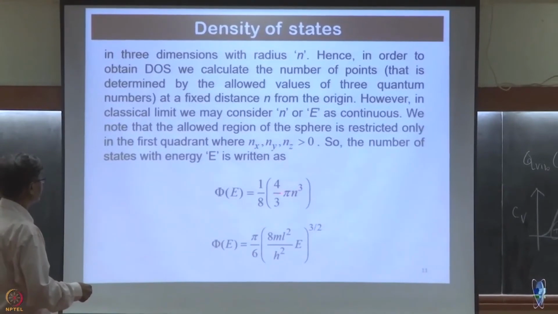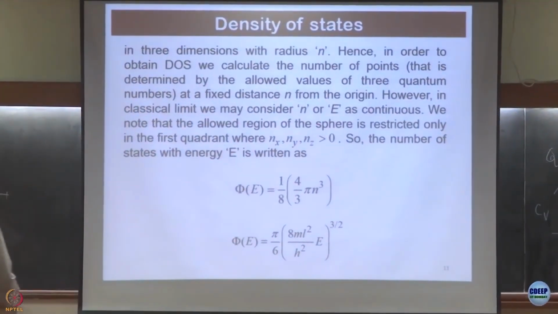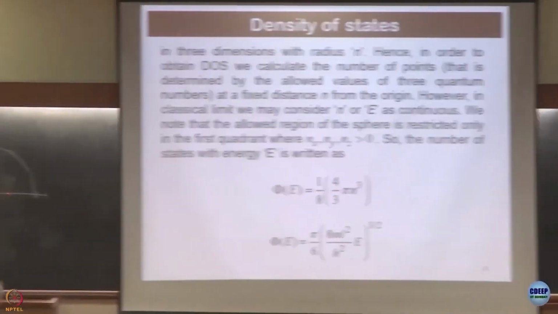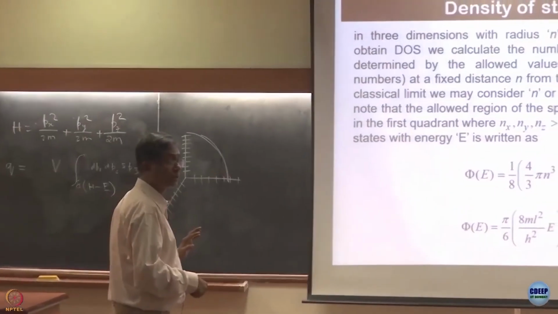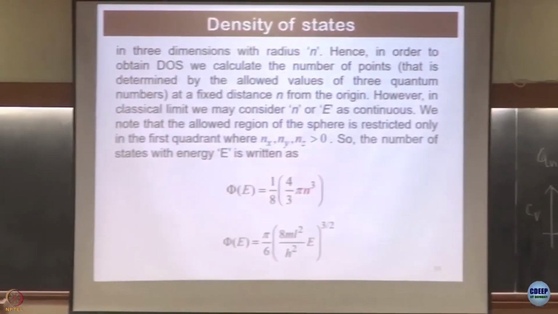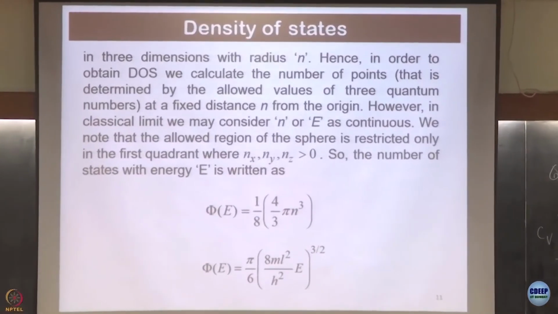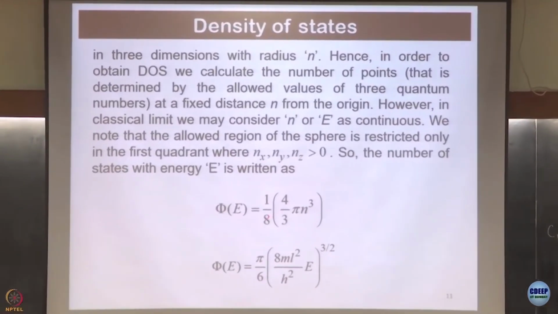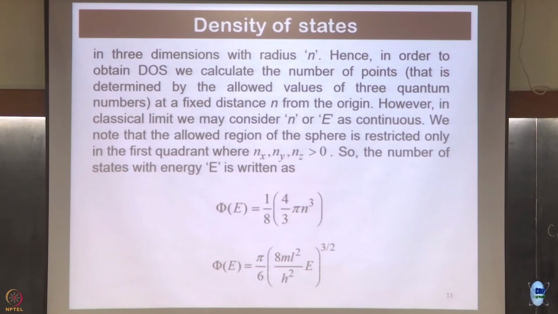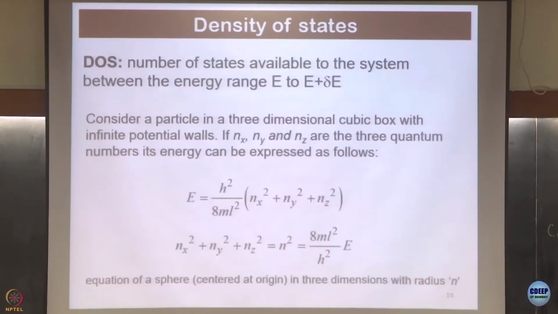The total number of points in the radius n is nx square plus ny square plus nz square. This is really lucky. So, then it is 4 pi by 3 times n cube. This is the volume. So, 1/8 of that, and I know that because it is connected to energy E. I have an NVE ensemble, an ideal gas, non-interacting.